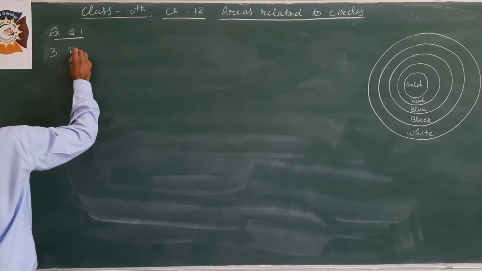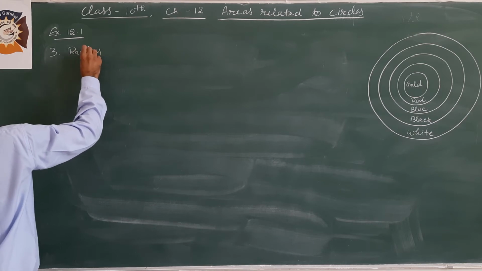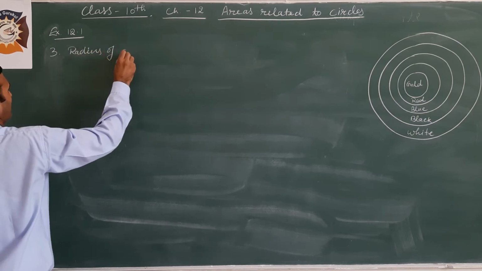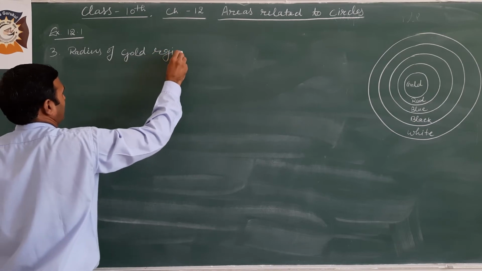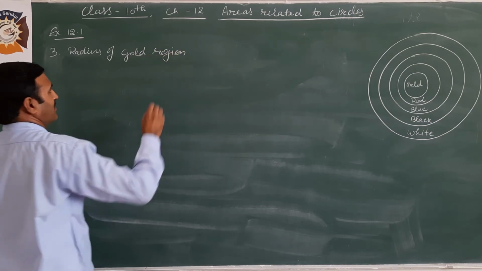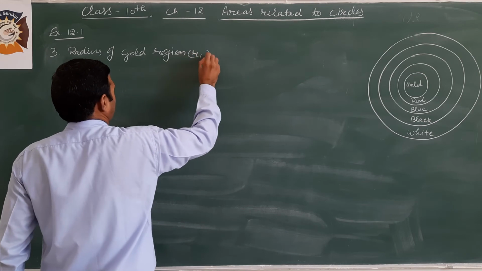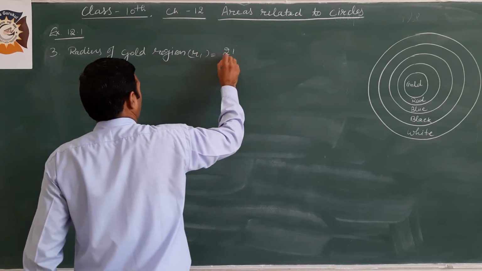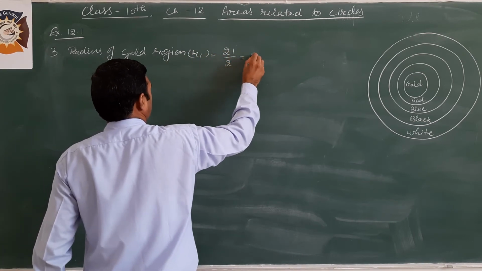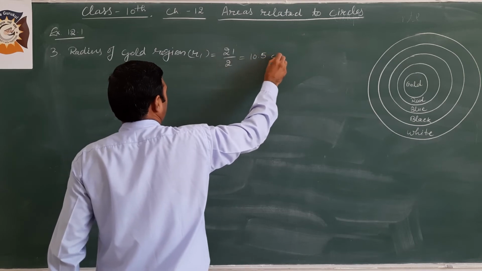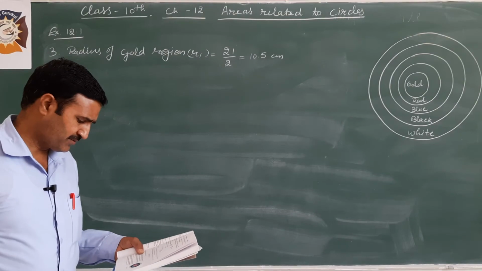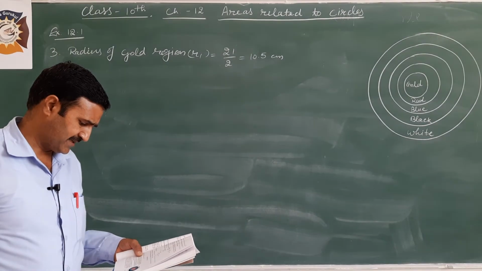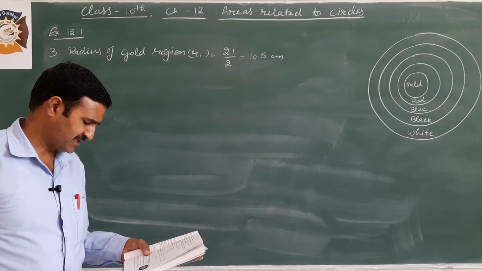So I write the radius of gold region, let that be R1, and R1 is 21 by 2, that is 10.5 centimeter. And each of the other bands is 10.5 centimeter wide.